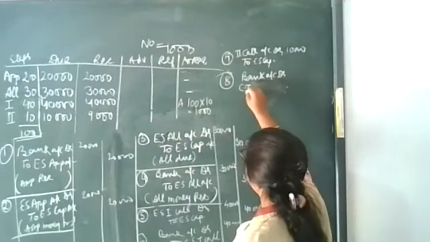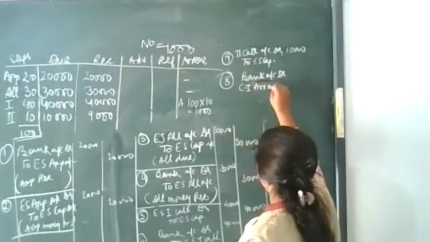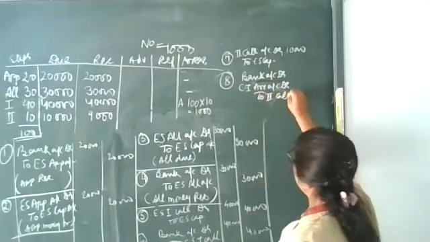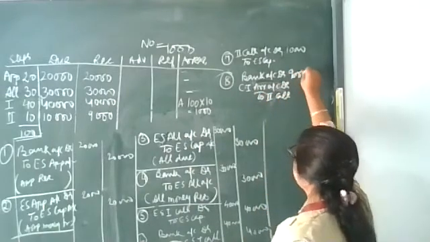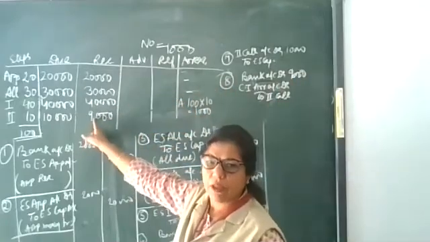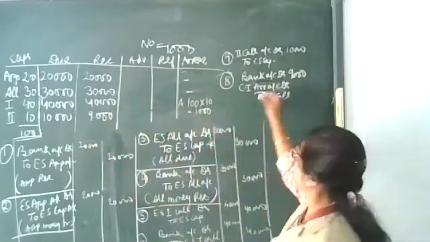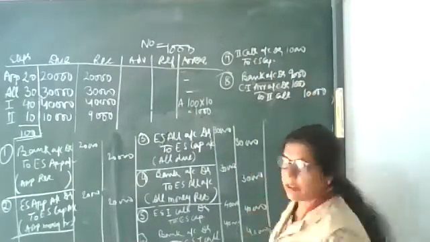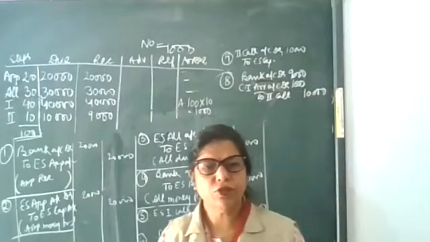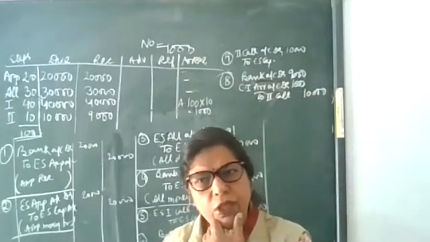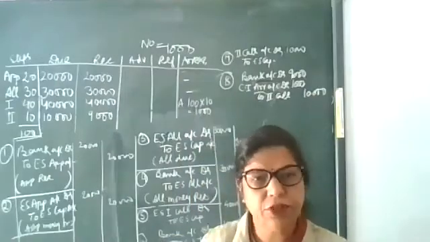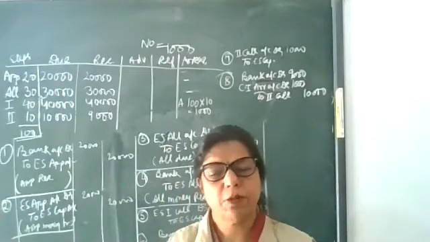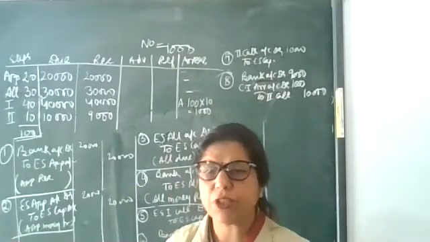Calls in arrear account debit to second call. 9,000 rupees received, 1,000 arrear. So the total second call is 10,000. And you will write amount received on second call. So these are the entries up to second call. These are the common, basic entries.